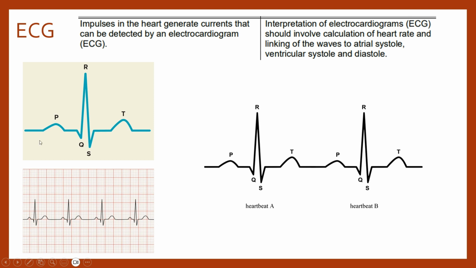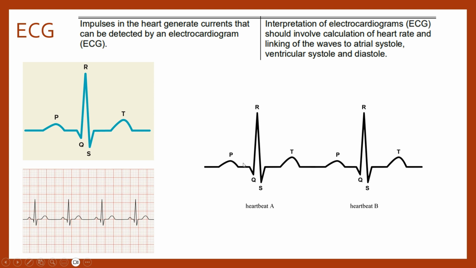So we have the P wave, and that represents atrial systole. We have the QRS complex, this big spike, which represents ventricular systole. And then the T wave, or recovery wave, which represents cardiac diastole.